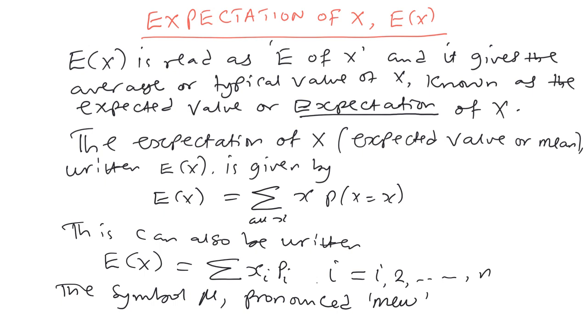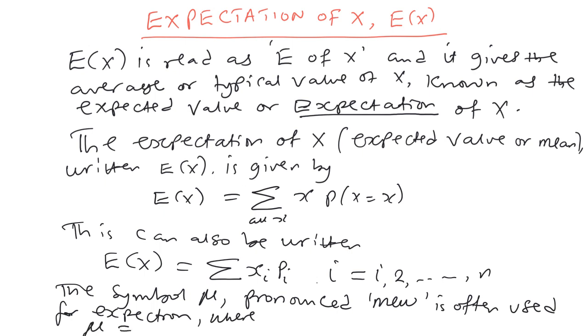It is a Greek letter often used for expectation, where mu is the same as E of X. So you'll find mu sometimes used for expectation, but you have to know how we get expectation: we multiply the values the random variable assumes by their corresponding probabilities, and then sum.